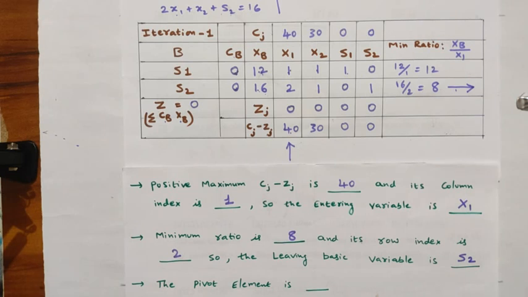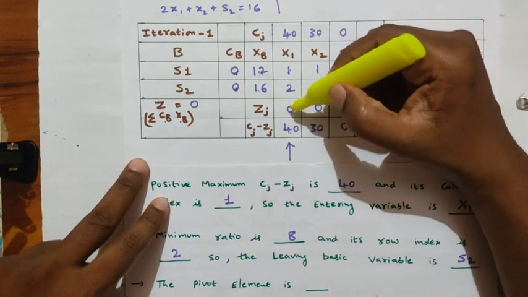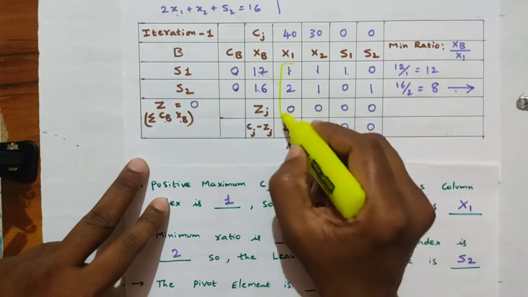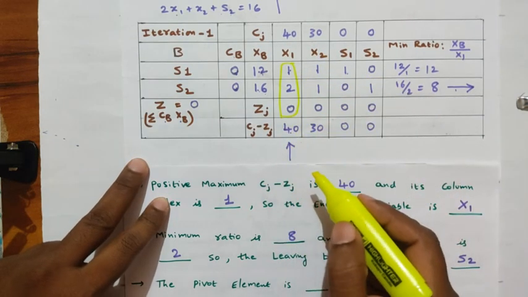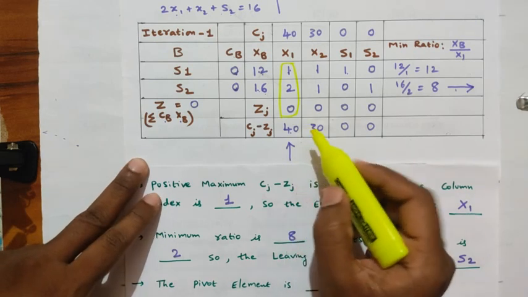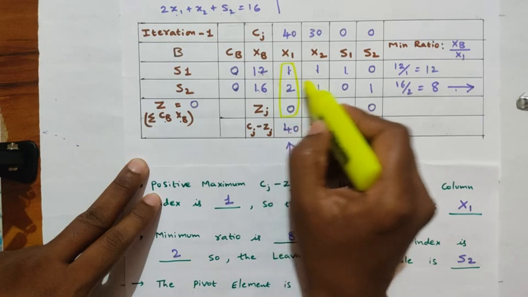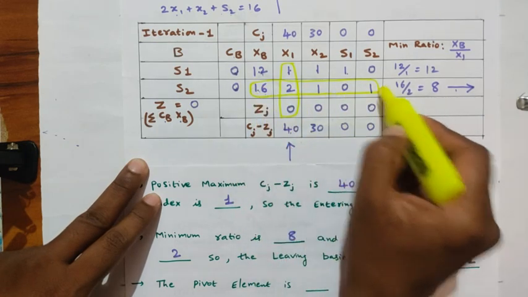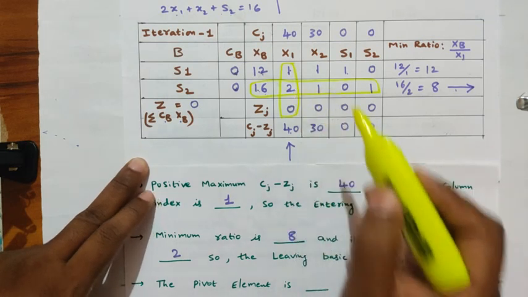Here S2 is the leaving variable and X1 is the entering variable. And also, this column is called the pivot column, and this row is called the pivot row, and this element 2 is called the pivot element.